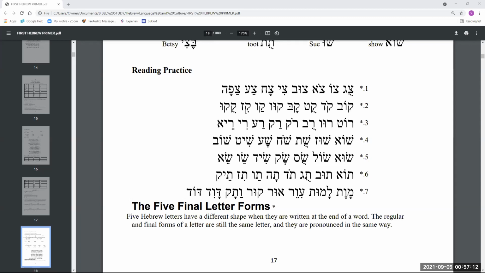Okay. And is that a Zion? Yeah, it looks like a Zion. It's kind of hard to tell. Oh, yep, that's a Zion.